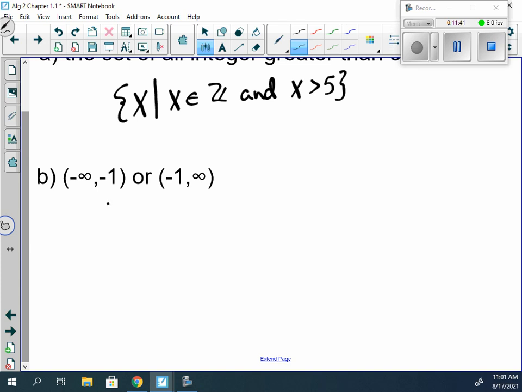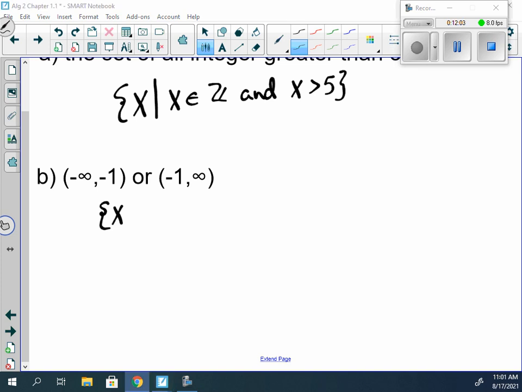So we look at this next one, if there are no questions. For all values of x, such that what? What kind of numbers are we dealing with here? Are we dealing with real numbers, natural numbers, whole numbers, integers?